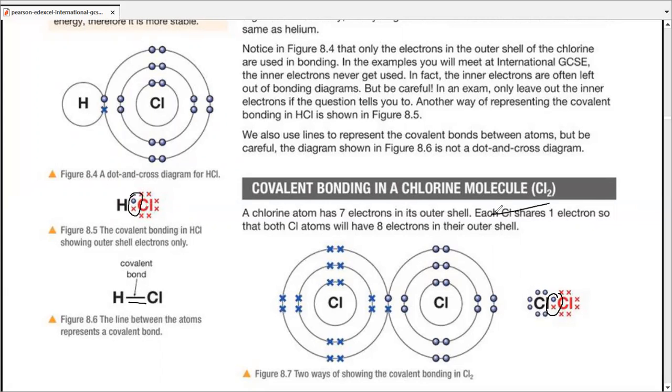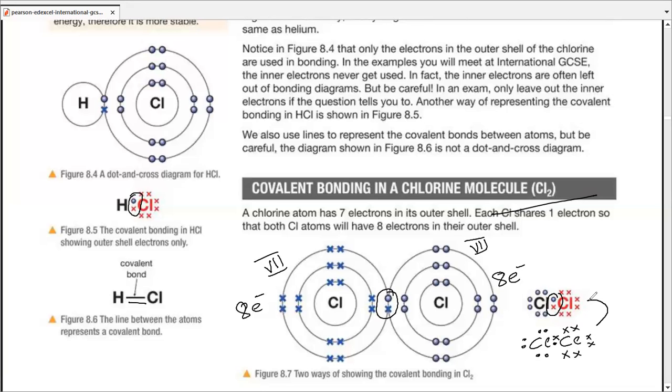Next example is of a chlorine molecule. Both the chlorine atoms have 7 electrons in their outermost shell, as they are a part of group 7. They only need to share a pair of electrons to have their outermost configuration of 8 electrons stable. Octet rule followed. So they only share one. And if we show these, this could be the right way to show it: dots, dots, dots, dots, another dot, but shared with a cross, and the other chlorine with crosses, like this.